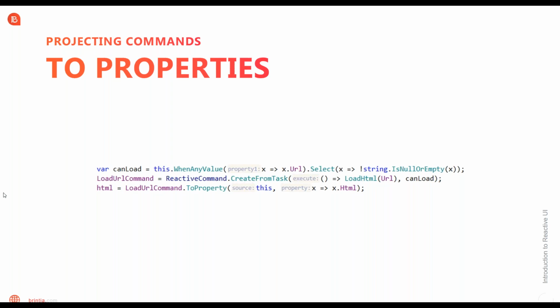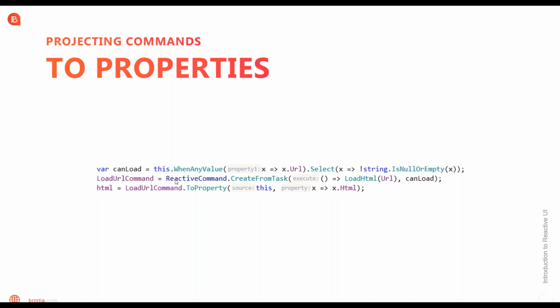And we are projecting this observable, because reactive commands are observable, like a property, like they were an observable created with the observable as property helper method.